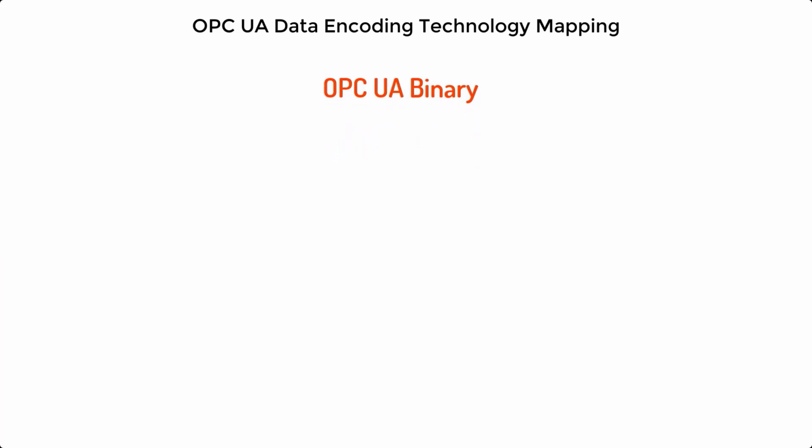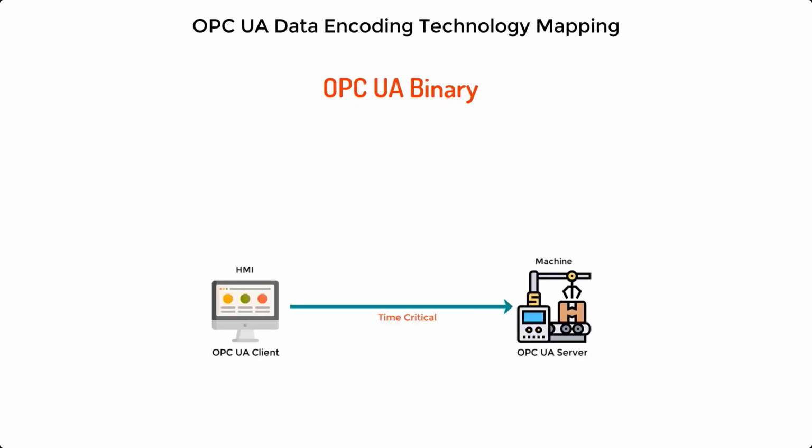Starting with UA Binary Encoding. As you might be aware, most industrial applications are, by nature, time critical. So, for more efficiency and minimized bandwidth usage, the OPC Foundation defined a data format that would provide fast encoding and decoding of OPC UA messages by producing the smallest possible highly optimized data packets for transmission over the network. That format is called OPC UA Binary, and it is the most efficient way of exchanging data between different OPC UA applications.